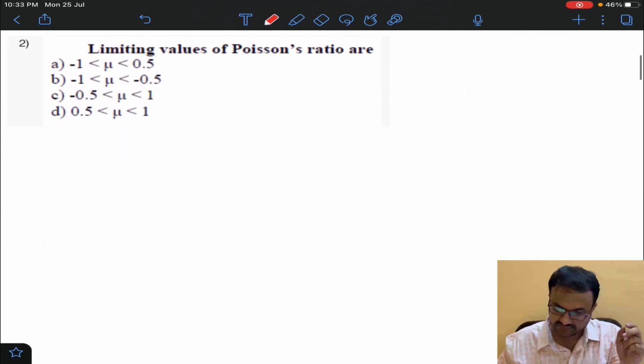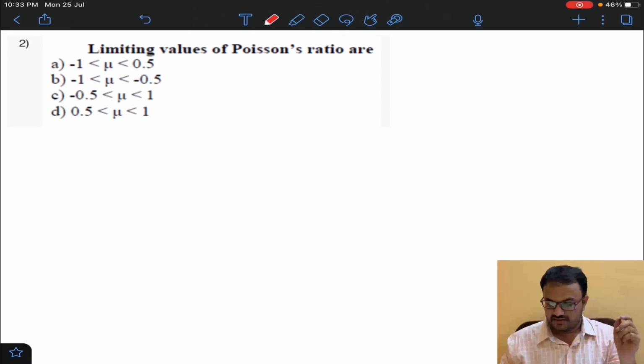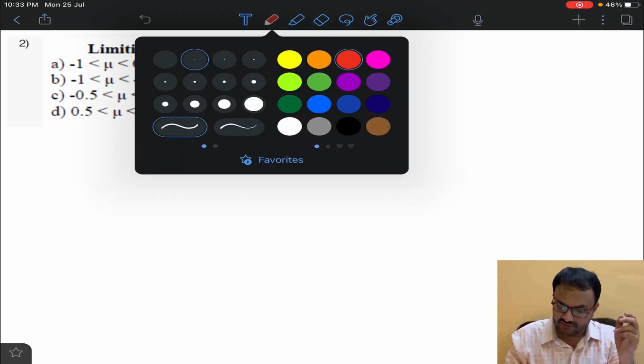Next question. Limiting values of Poisson's ratio are. He has given some options: -1 to 0.5, -1 to -0.5, -0.5 to 1 and 0.5 to 1. First of all, we need to know what a Poisson's ratio is.